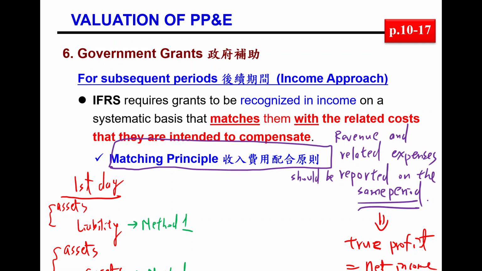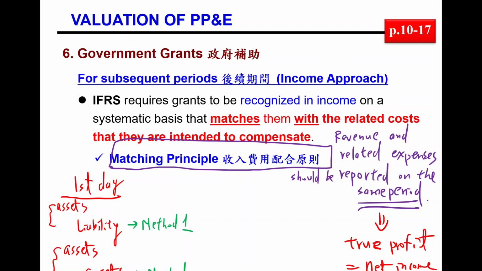Because of this, that's why we have to do depreciation. Because of this, that's why we have to report payday expense. Because of this, that's why we have to, what else? Inventory. We have to report cost of goods sold.